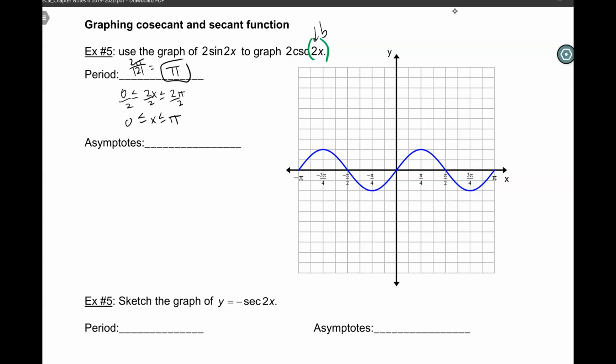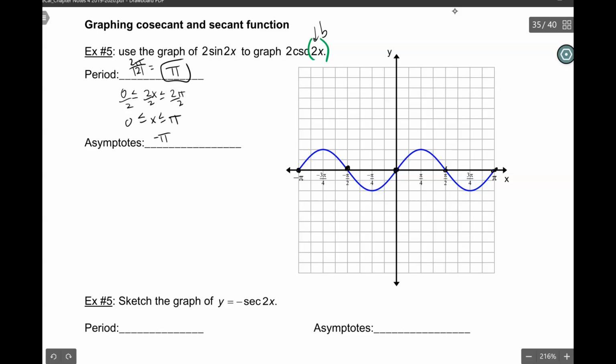Alright, so my asymptotes are going to be, if the period is between 0 and pi, which you can see right here, I could list out all of my asymptotes anywhere where sine is 0. Anywhere this blue graph is 0 is where I'm going to have an asymptote.